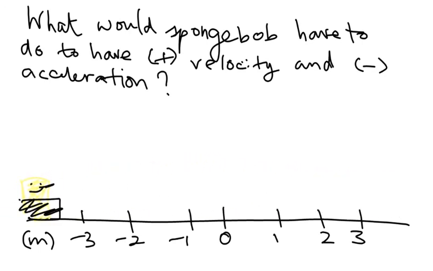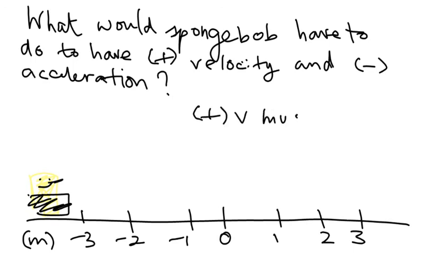Okay, how could he have a negative acceleration? Well, we know that acceleration is change in velocity with time. Okay, so to have a negative acceleration, we know that our positive velocity must decrease.